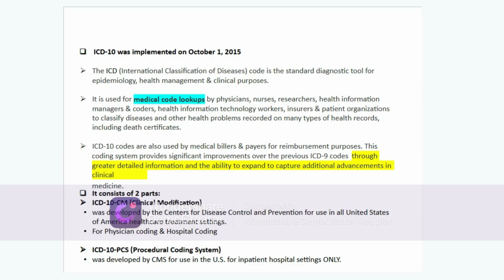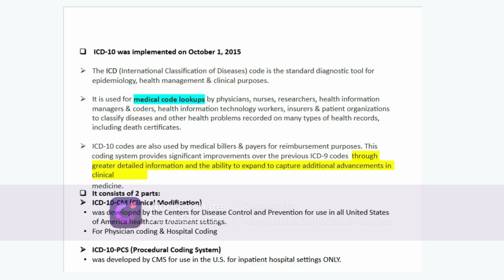It is used for medical code lookups by physicians, nurses, researchers, health information managers, and coders. Health information technology ensures that the patient's diseases and other health problems are classified and recorded on many types of records, including the death certification.